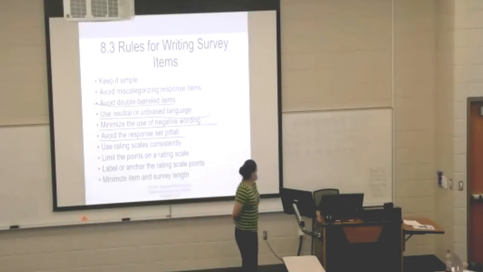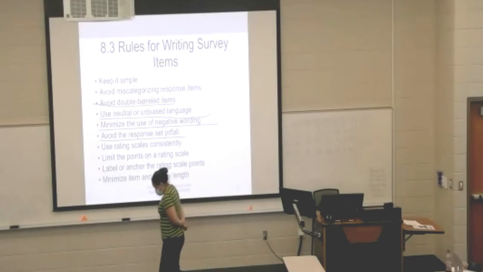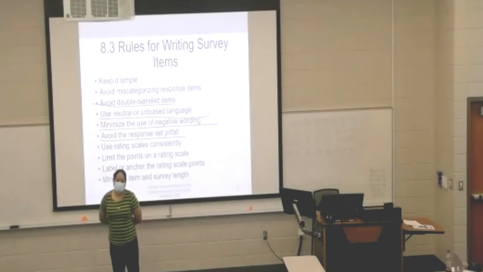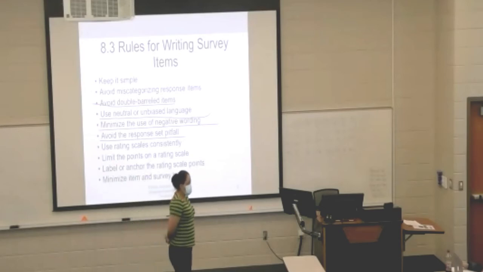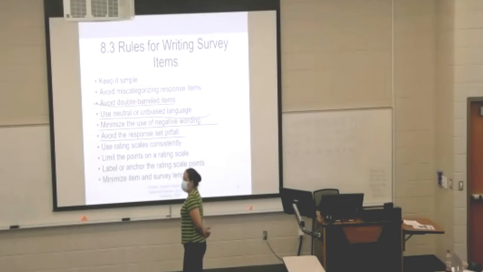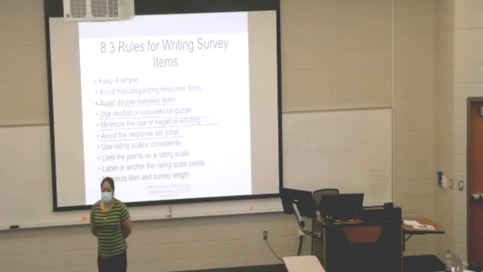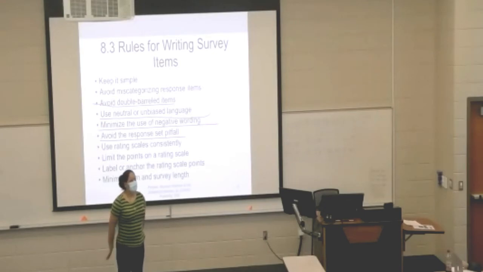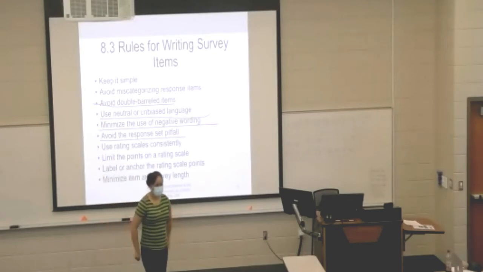So for instance, all of your items would say something like, I like so-and-so burgers. I enjoy so-and-so fries. I buy these nachos all the time. Notice that all of these responses are in the positive, right? So it's either strongly agree or strongly disagree.